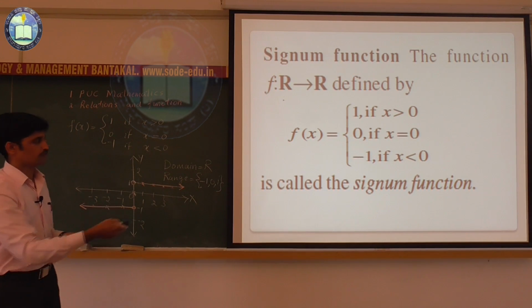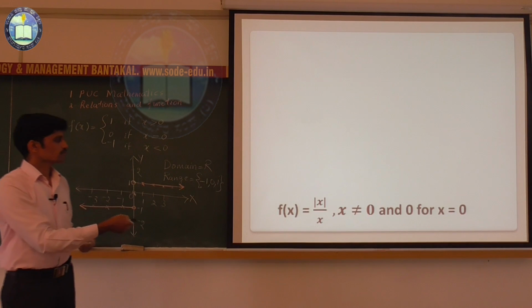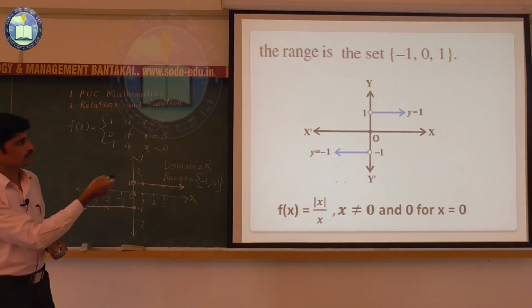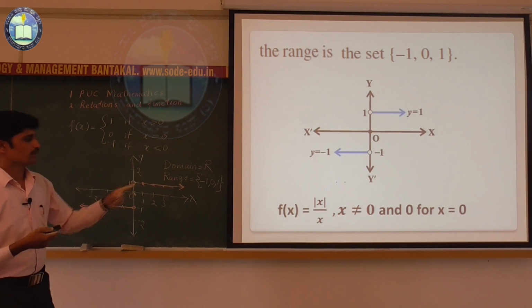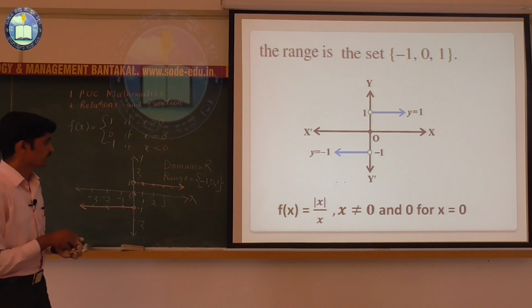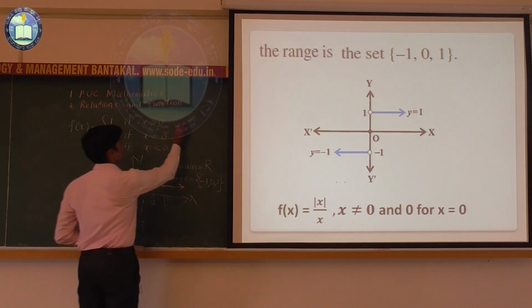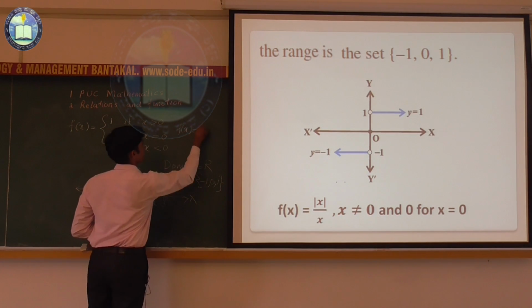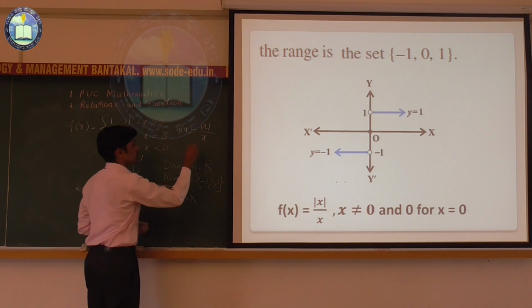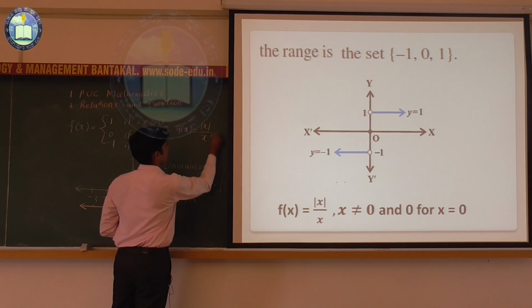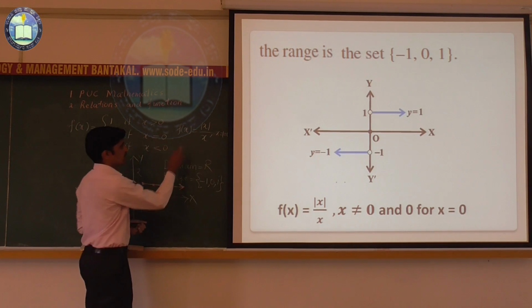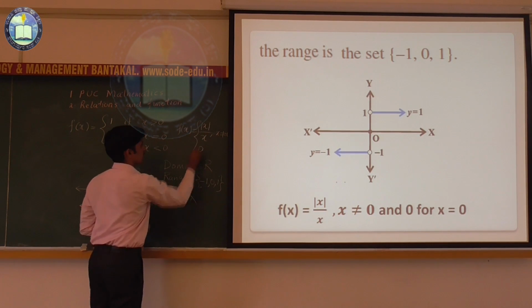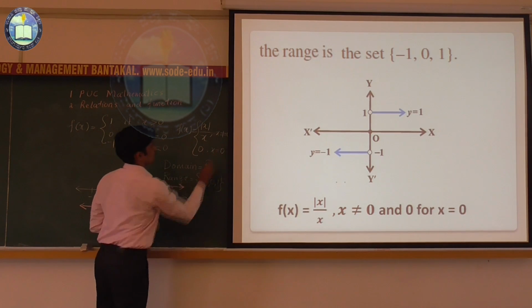Let us see the graph of this here. F of x equal to... Signum function can also be represented as f of x is equal to mod x by x, because we have already studied about mod x. This is the definition for x not equal to 0. That is very important. This is not true for each and every x. And we can say it is equal to 0 if x equal to 0.